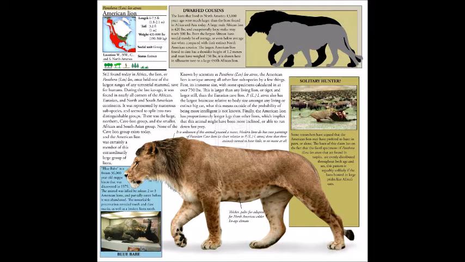If we suppose that the cave lion and the cave bear came into contact and they fought against each other, we would conclude that the cave lion was more than capable of holding itself against any other animal.